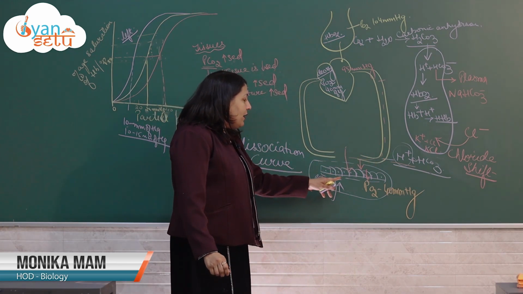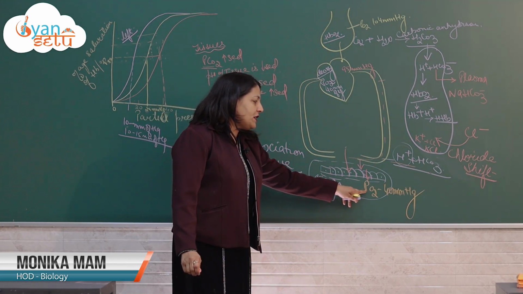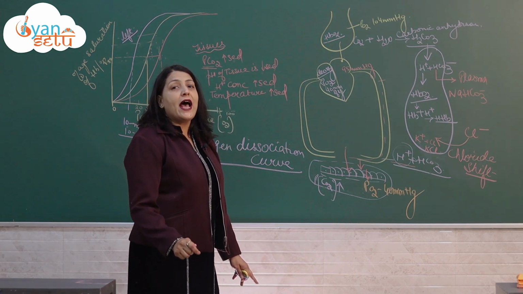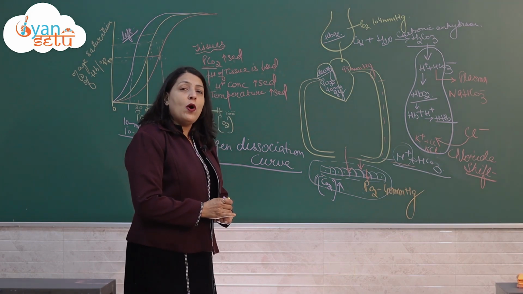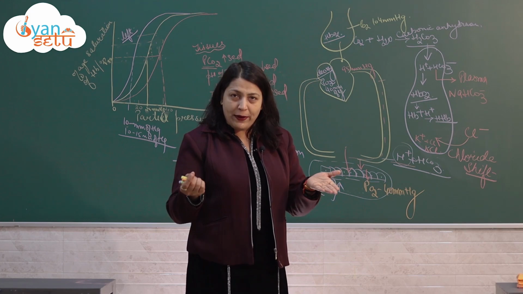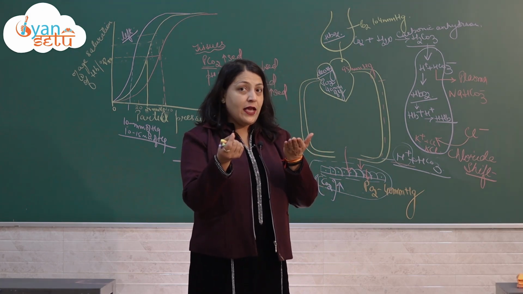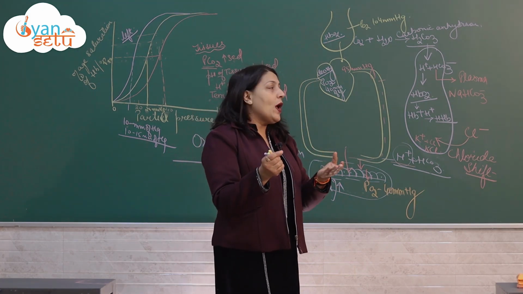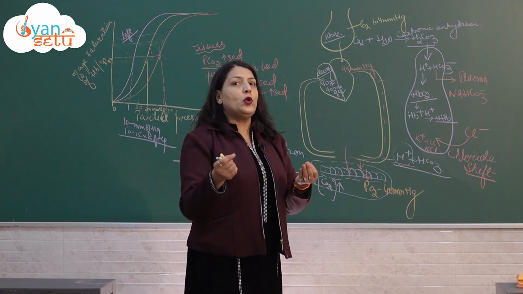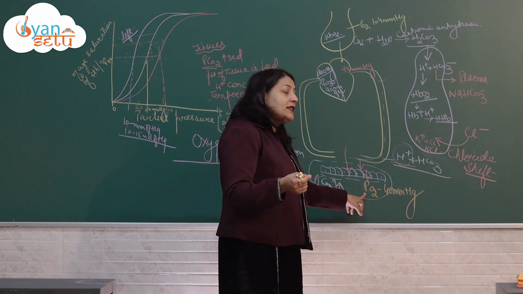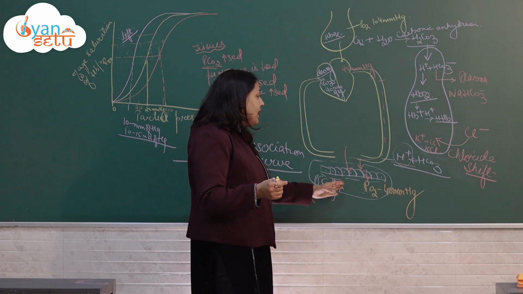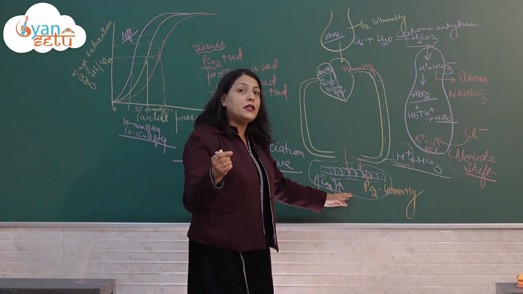Now bachche, we have already shifted the oxygen into the tissues and we call it as Bohr effect. Bohr effect says when the concentration of carbon dioxide is increased in the blood, so H ion concentration is increased, and due to acidity, oxygen tends to leave the hemoglobin and it readily transfers into the tissues.